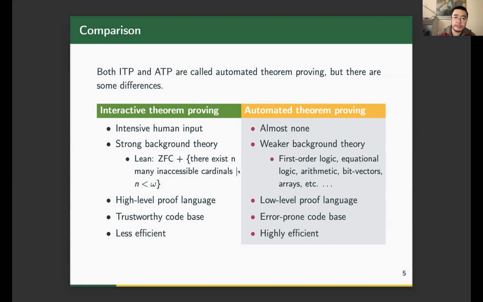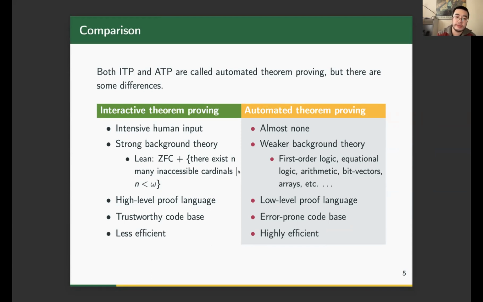And the last point, but not least, is that interactive theorem proving is relatively inefficient, but automated theorem provers are highly efficient. This is because it's still about type theory, because computing in interactive theorem proving is like the beta reduction of type theory, right? So you have all this symbolic computation that you need to do.